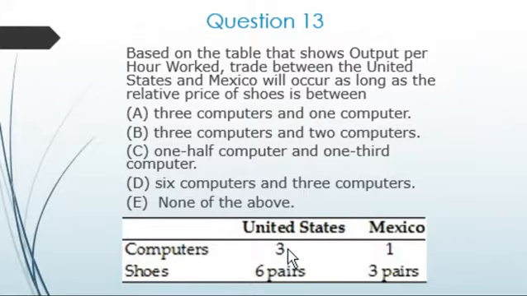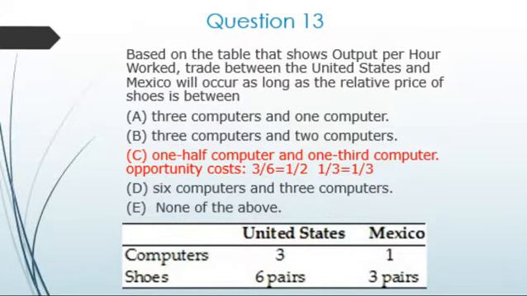So for the United States, 3 divided by 6 would be 1/2, and for Mexico, 1 divided by 3 is 1/3. So we can see that they can trade beneficially as long as they trade between 1/2 and 1/3 of a computer for each pair of shoes, and then they'd be trading beneficially.